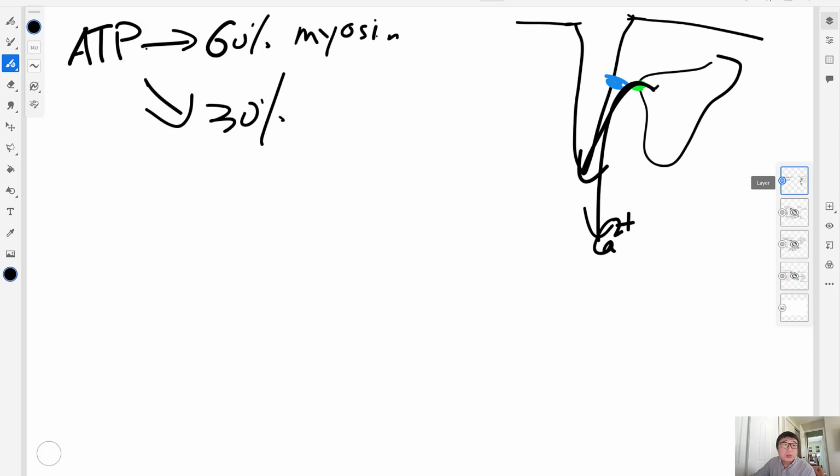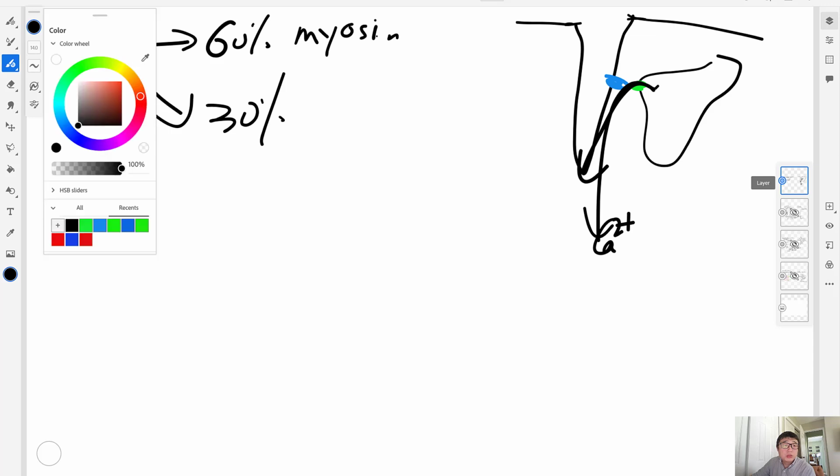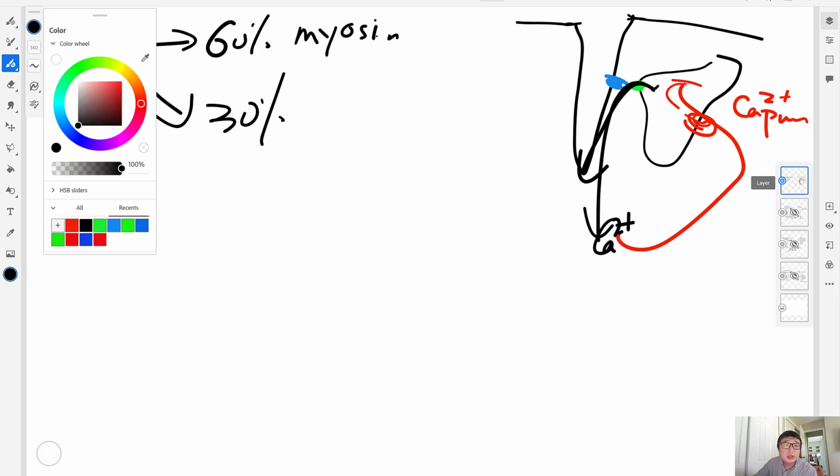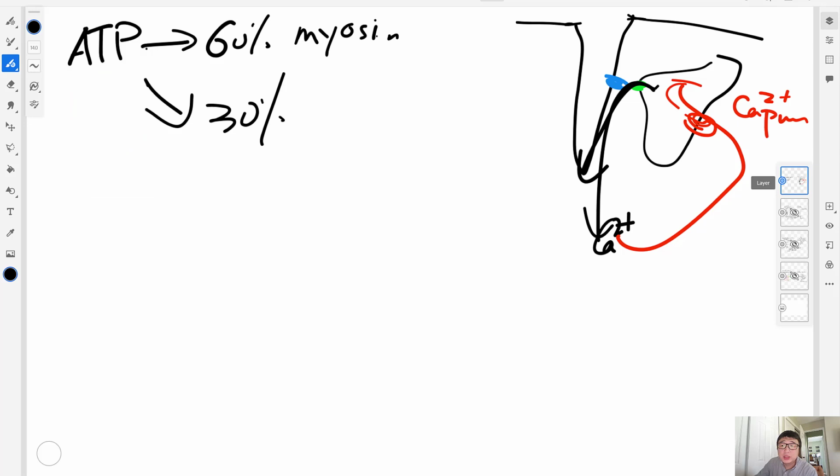Timely regulation is extremely important, so once the calcium gets out, it needs to be brought back. How? This is a calcium pump, which pumps calcium back to the sarcoplasmic reticulum. In muscle contraction, 30% of the ATP is for the calcium pump.